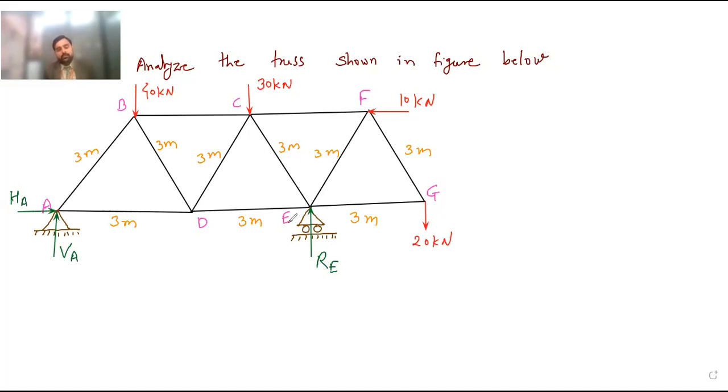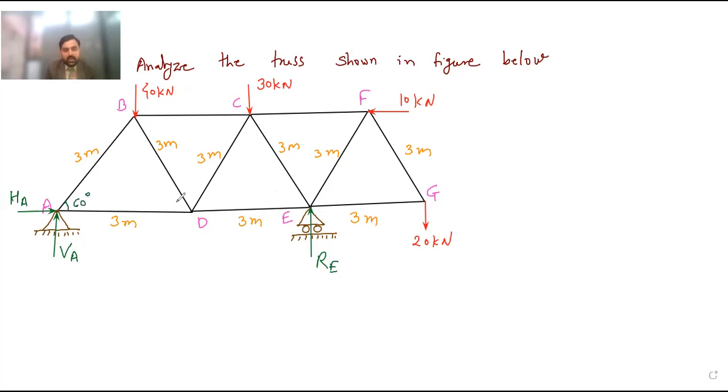Now I will calculate the reactions first. So our first step is calculation of the reactions. To calculate the reactions, we must know the distance of the forces. For that purpose, you can see 3, 3, 3, all the sides are given. So these angles must be 60 degree.